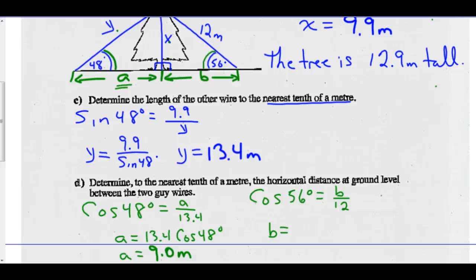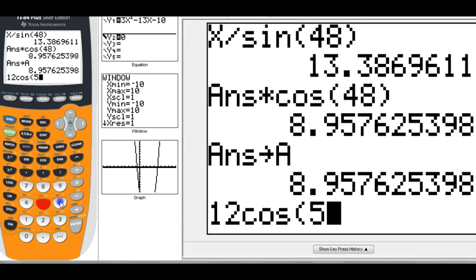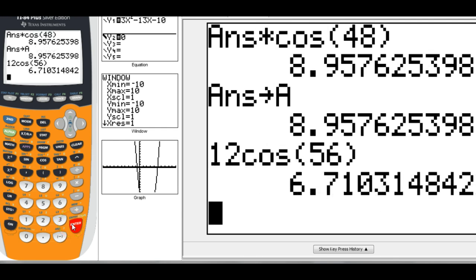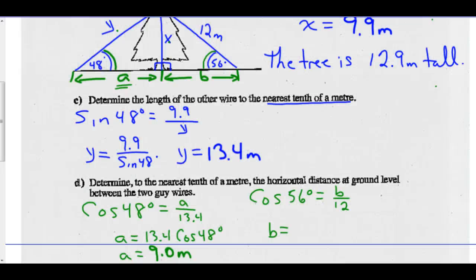I'm multiplying both sides by 12. That gives us 6.7. I'm going to store that as alpha B. So B is 6.7 meters.